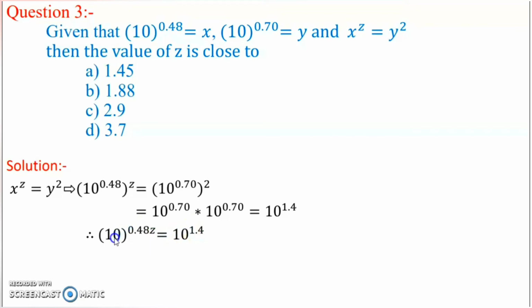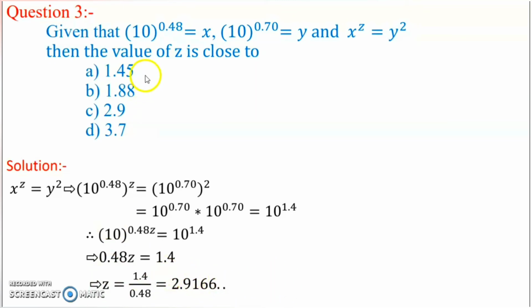Now you can see the base are the same. For both the terms the base is 10. So you can just equate the powers. So 0.48 into z will be equal to 1.4. So now you can find z. What will be z? Z will be 1.4 divided by 0.48 and which is nothing but 2.91666.